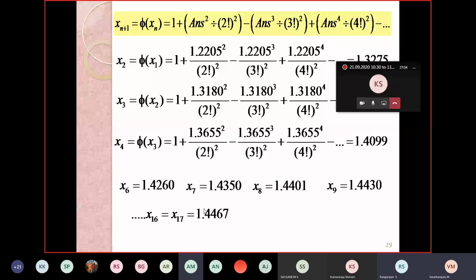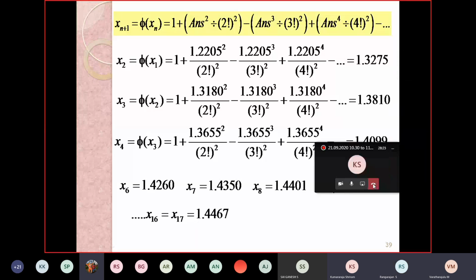If they are taking two decimal places, your two decimal places should be equal. Here concerning x8 and x9, we are obtaining two decimal places. Results are accurate with two decimal places. Concerning the four decimal places accuracy, we are getting x16 and x17 equal to 1.4467.